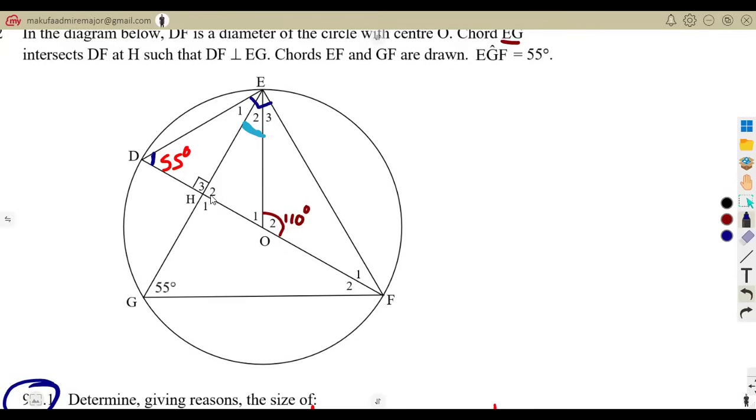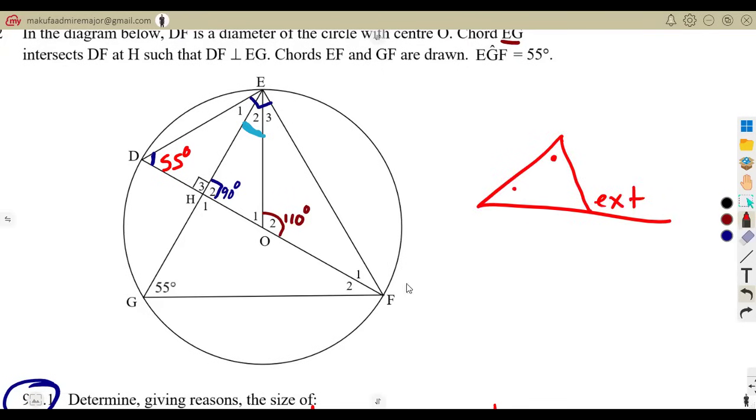Remember, H is 90 degrees. That means H2 is also 90 degrees. This one is a right angle. It's a straight line. So this one is also 90 degrees there at H2. Using this theorem, guys, you're supposed to know it. This theorem is very, very important. The exterior angle of a triangle is equal to what?